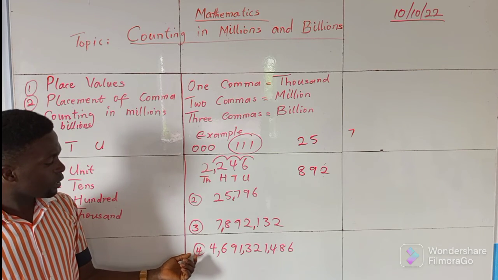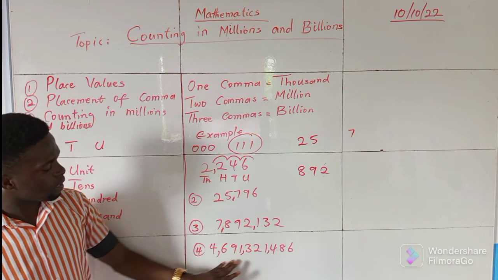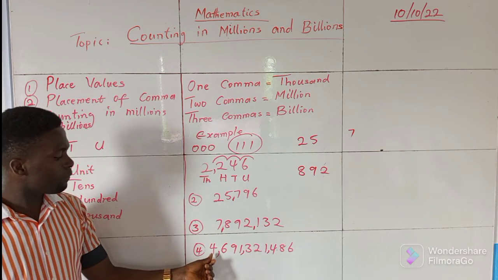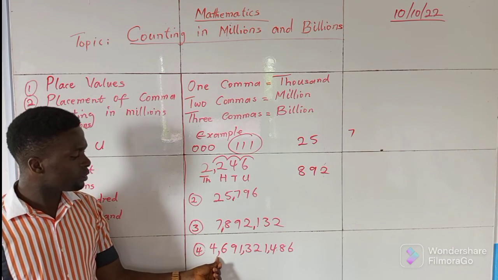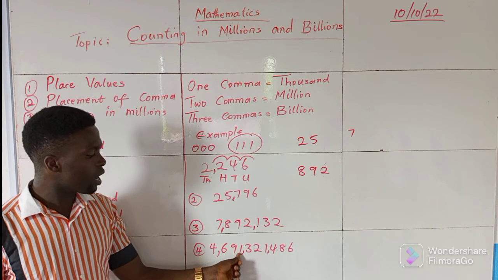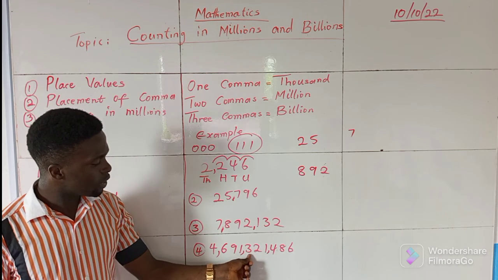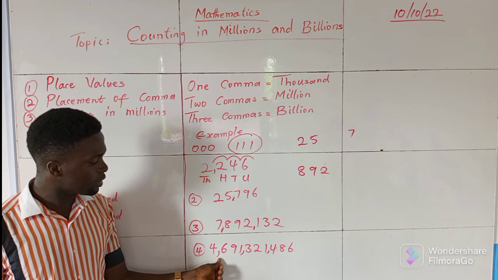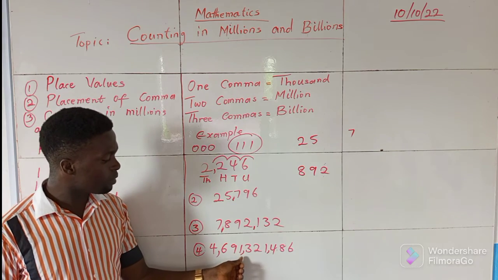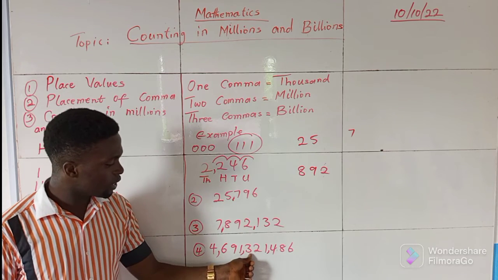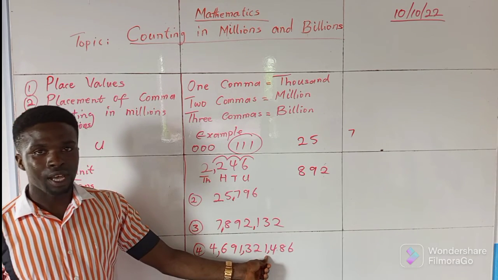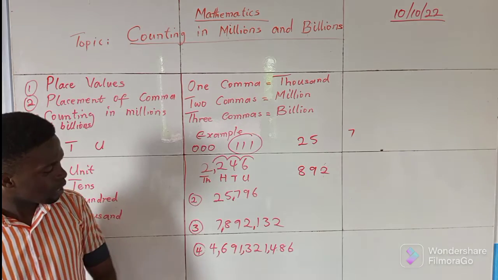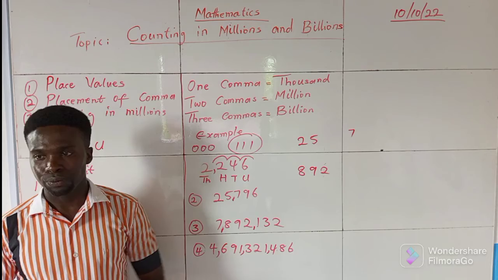The fourth one, because we have 3 commas here, and I said 3 commas is what? Billion. You say 4,691,321,486. That is how you are going to do your assignment also.